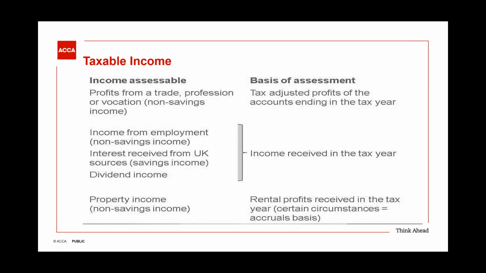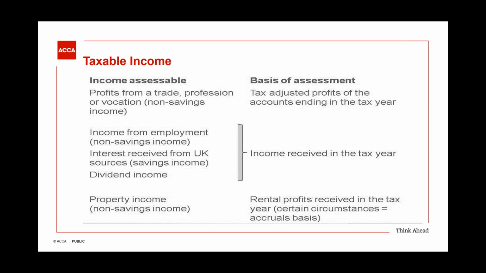But that is not the value on which you have to pay taxes. For you to pay taxes, HMRC will still allow you certain reliefs. You don't have to pay taxes on the total income. There are certain reliefs available, such as qualifying interest payments and trading loss relief, which is one of the most important areas in your syllabus. You are entitled to deduct these reliefs.